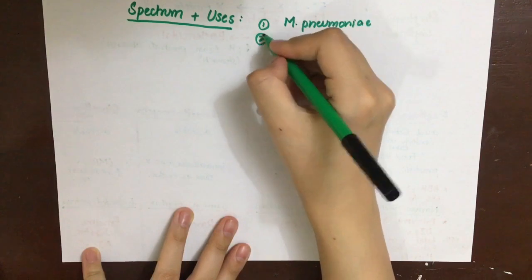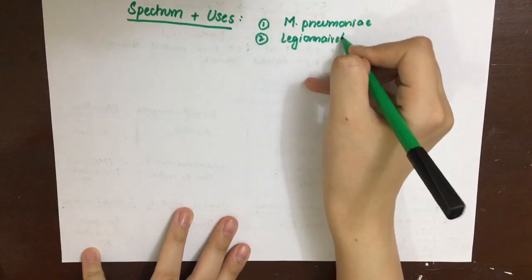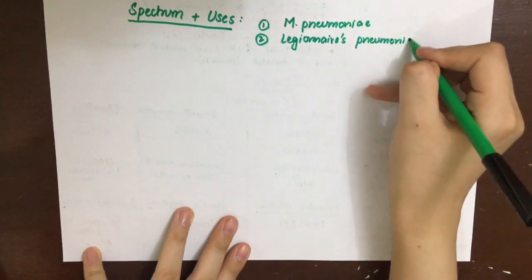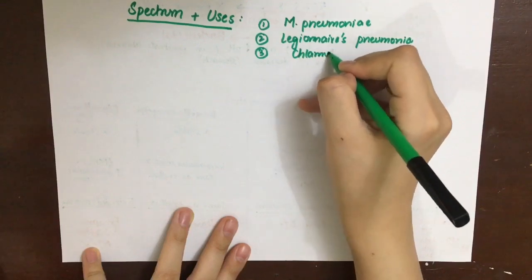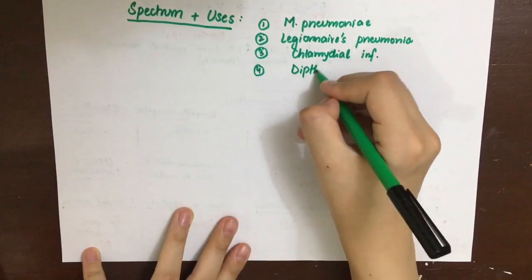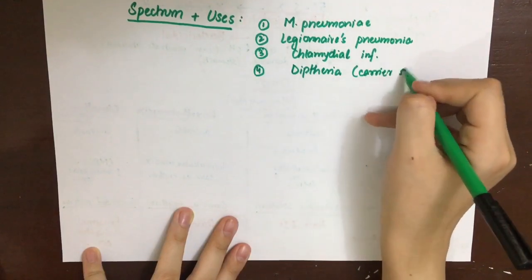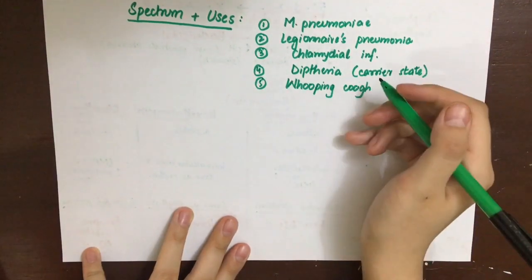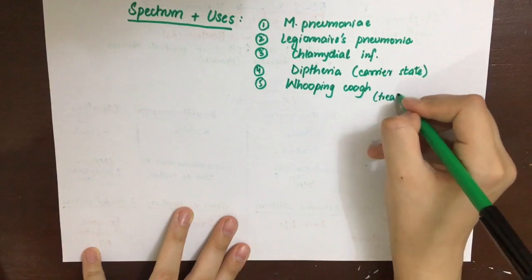They're considered the drug of choice in Mycoplasma pneumoniae, Legionnaires pneumonia, chlamydial infections, to eliminate the carrier state of diphtheria, and as a drug of choice for treatment as well as prophylaxis of whooping cough caused by Bordetella pertussis.